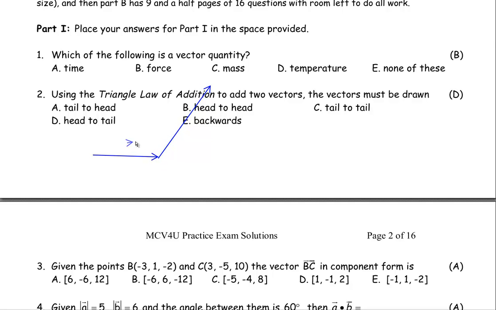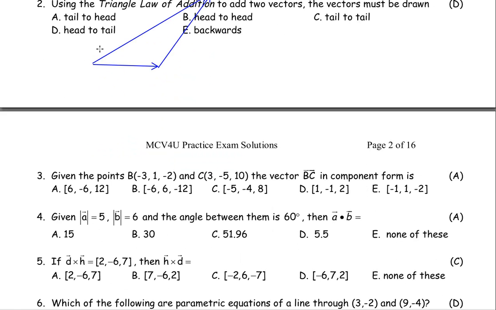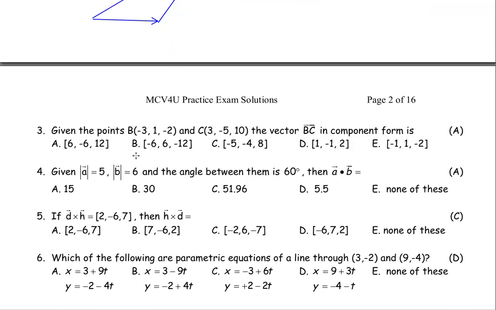And if they're drawn like that, the sum vector would actually go from the beginning of the first one to the tip of the second one. And so that's what the triangle law of addition will actually look like. So that's why the answer for number 2 is D.